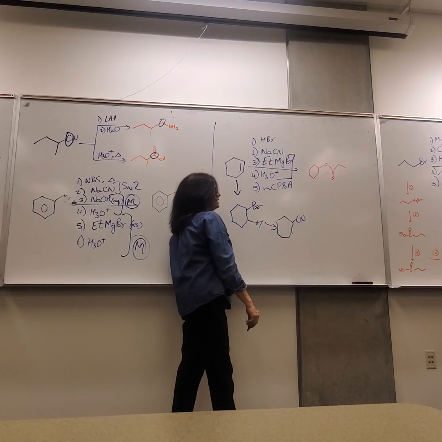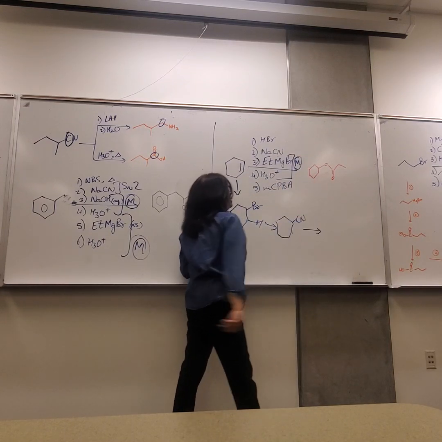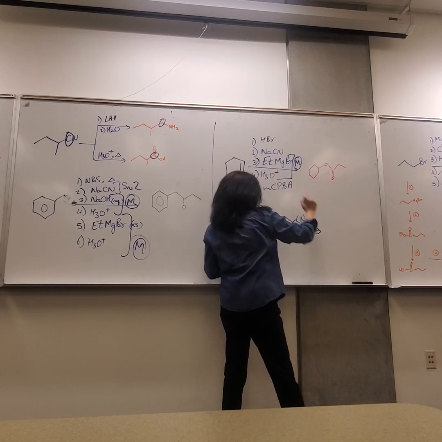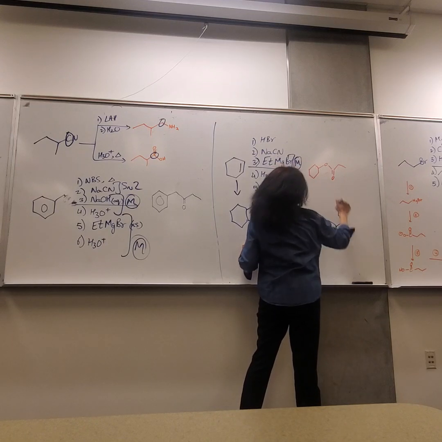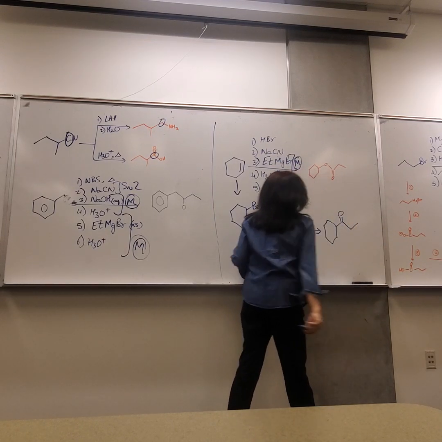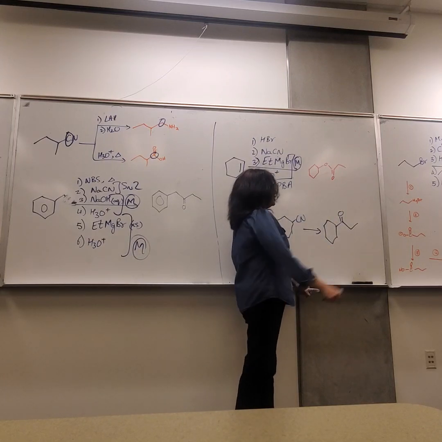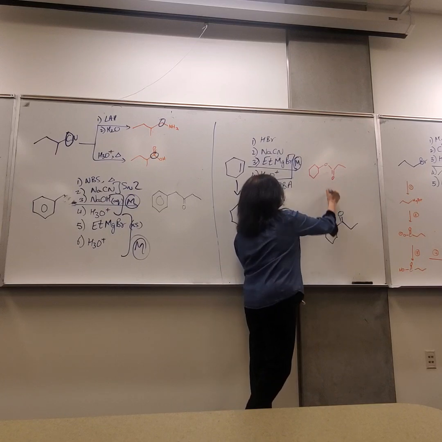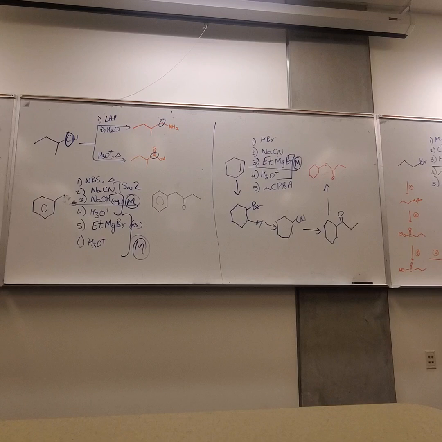What does that create? We did the mechanism of that as well. A ketone. And then MCPBA turned it into an ester. That's the Baeyer-Villiger oxidation. There's preference for the more substituted side over the less substituted side, so that gives you the ester. Everybody okay?